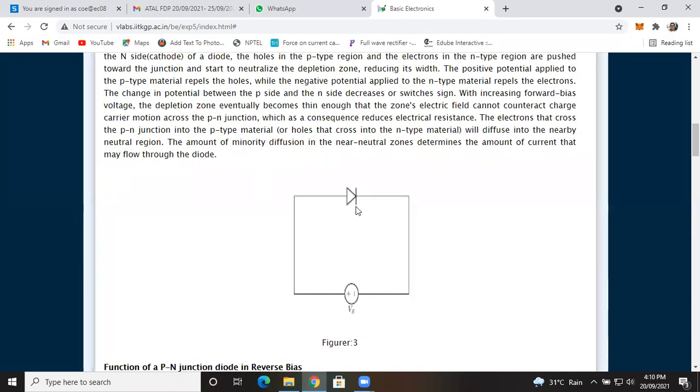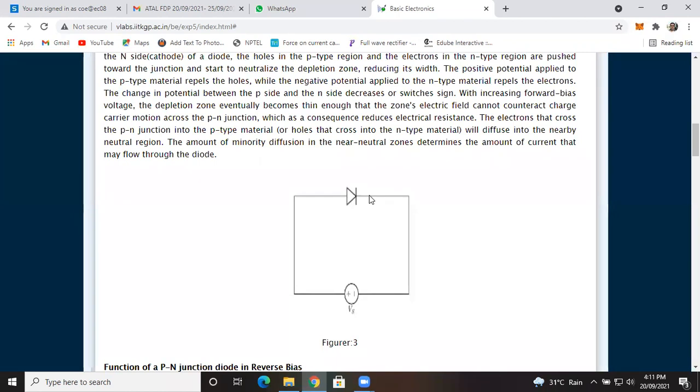When the diode is connected in forward bias, as you know, the width of the depletion region is reduced, and the majority carriers can flow from the P region to the N region, so that current can flow through the forward bias diode. But a barrier potential exists in the PN junction diode.